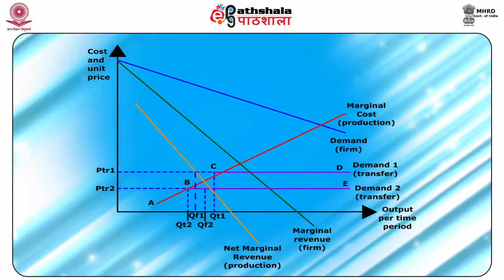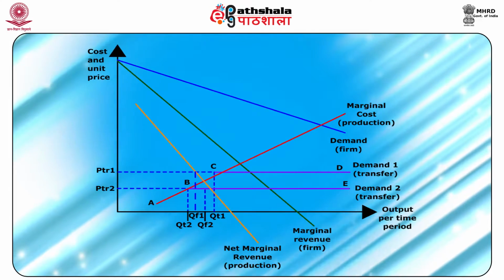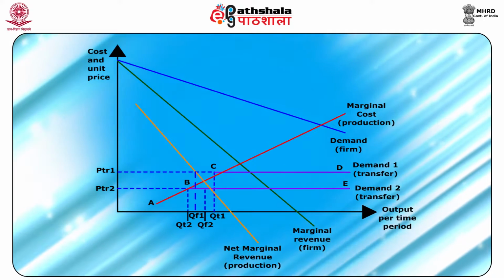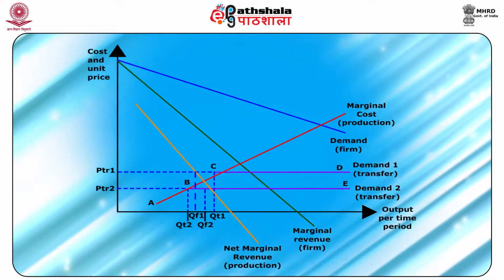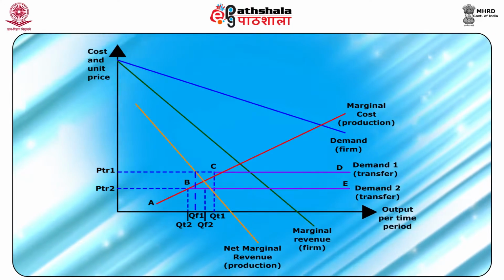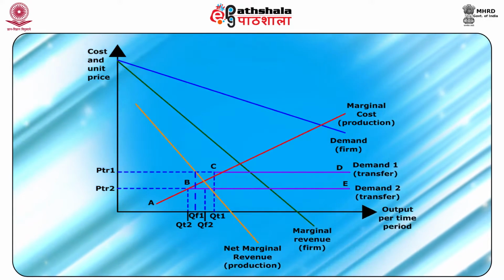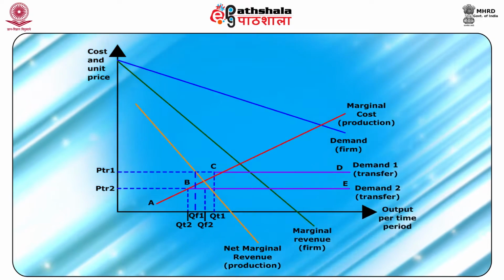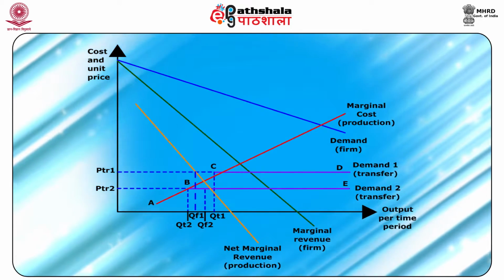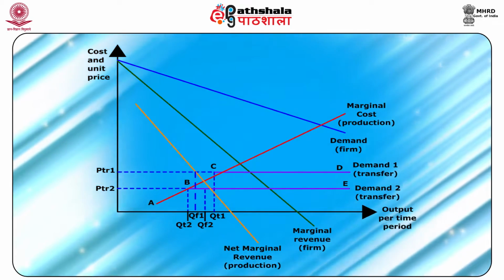Because the external market is competitive, the firm is a price taker and must accept the transfer price determined by the market forces. Their marginal revenue from transfer and their demand for the transferred product becomes the transfer price itself.